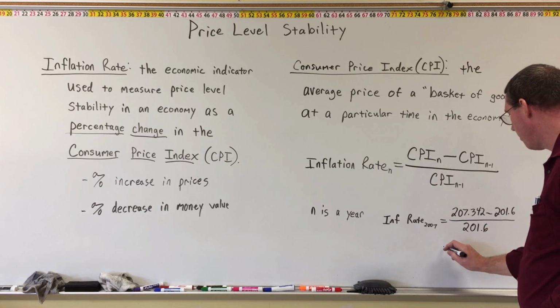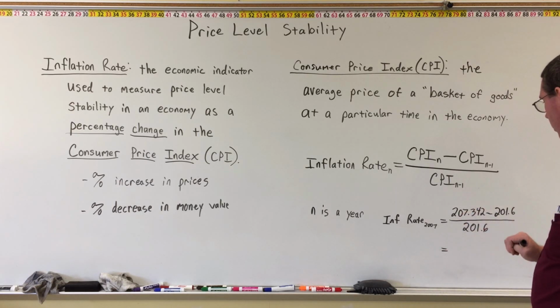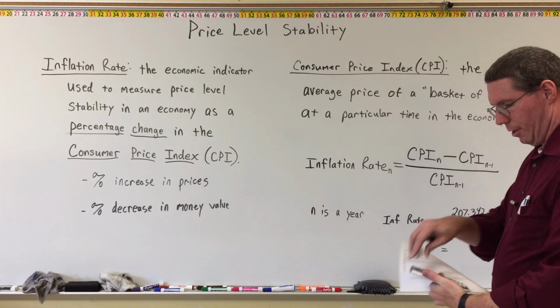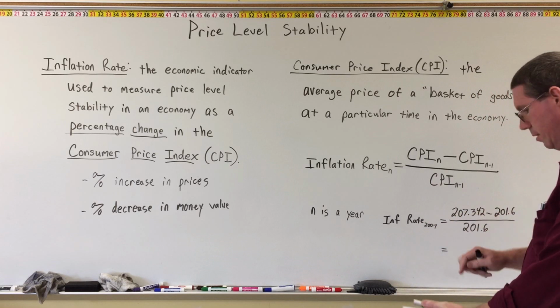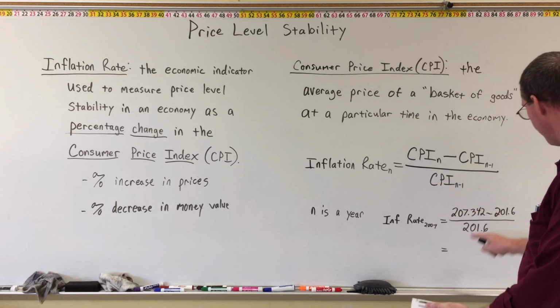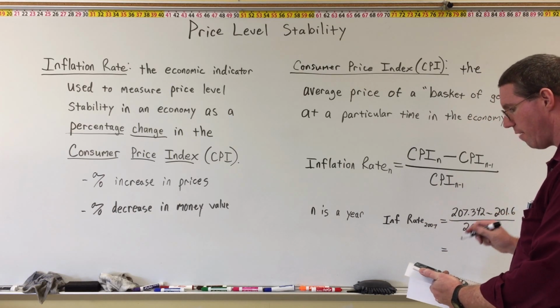Now, what I like to do first is calculate my numerator. So I'm going to grab a calculator here, and I'm going to do 207.342 minus 201.6, and I get 5.742.